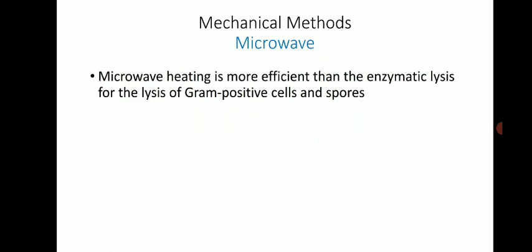Then microwave: these are waves of shorter wavelength, and heating is done using microwaves, and after heating the cell automatically breaks and we get free DNA. Microwave heating is more efficient than any kind of enzymatic lysis, and it is especially used for gram-positive cells as well as spores.